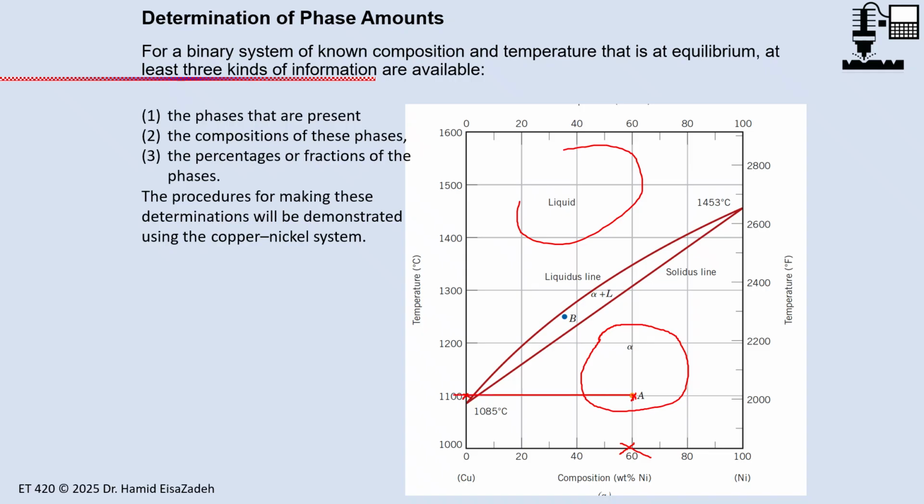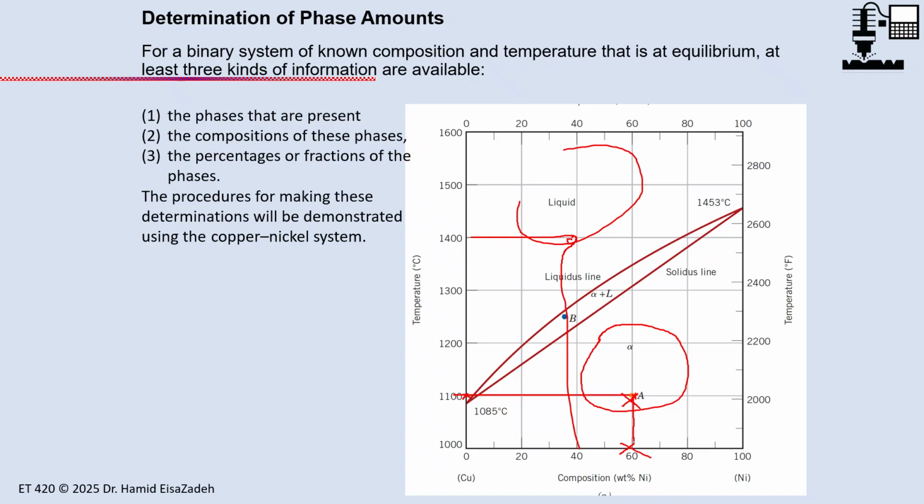You construct these two lines and they cross each other at this point, you say we have one phase. But if you are in this point, you have 1400 degrees Celsius, and then the composition is given 40, then you reach at this point, so again the phase is going to be liquid. You have only one phase.